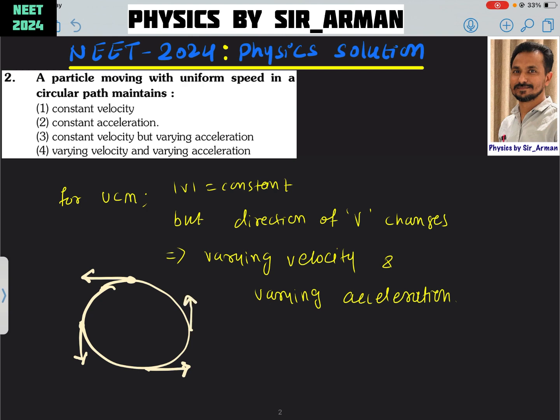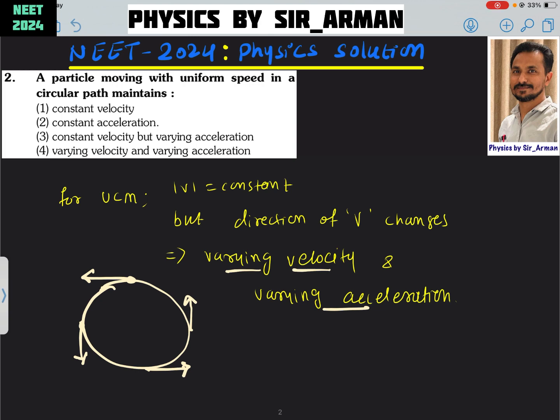So its velocity changes, whereas the magnitude of the velocity remains constant, that is, the speed remains the same. Whenever the direction changes, we can say velocity changes, because velocity is a vector quantity, hence velocity is varying, and the acceleration is also varying, because at every point the velocity will be different, not in magnitude.